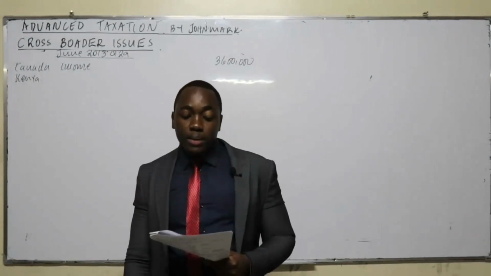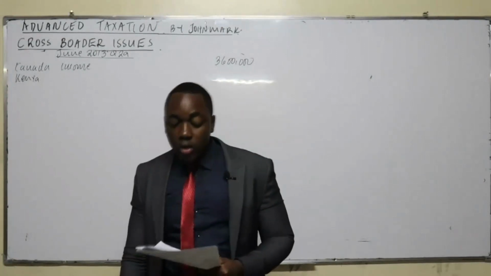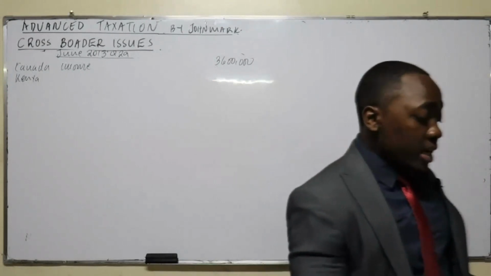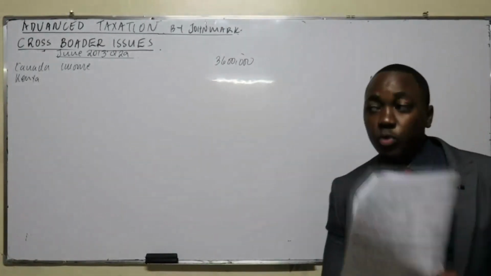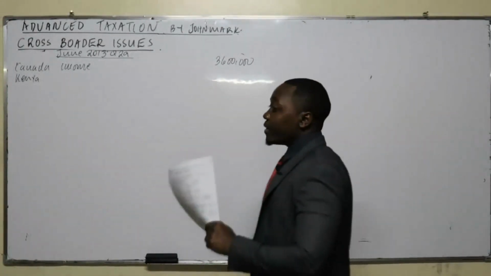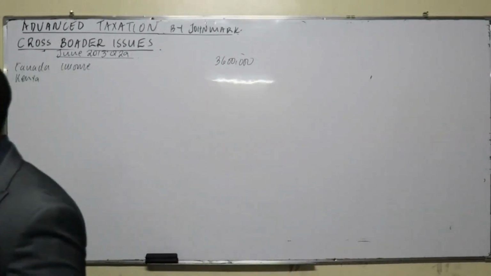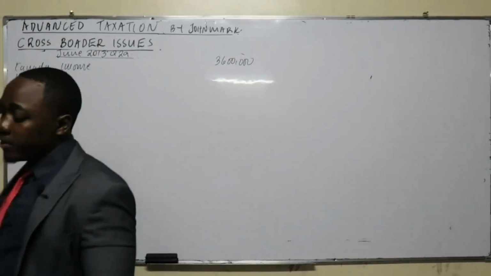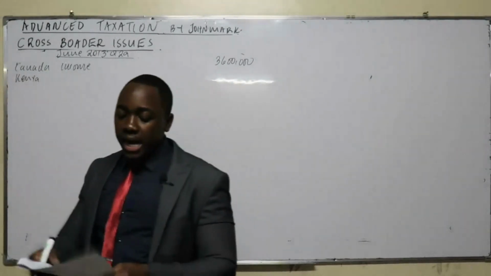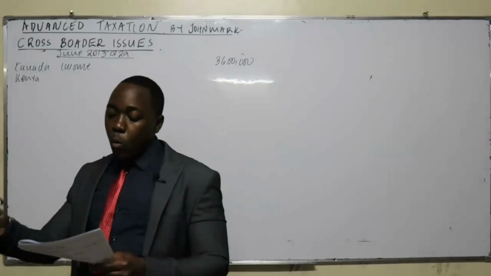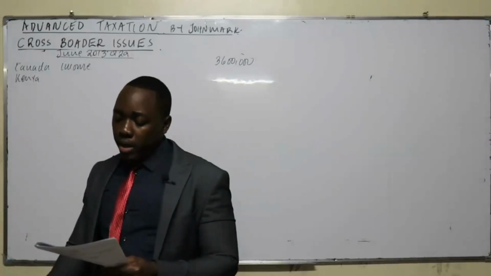So that means 3.6 was the gross, of which on that amount he paid an equivalent of 480,000. So don't add back. You only add back whenever they have specified that the amount was net. He also earned 1.8 as consultancy fee in Kenya, in addition to employment income of 1.2.